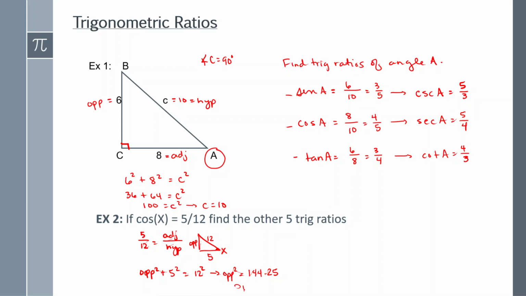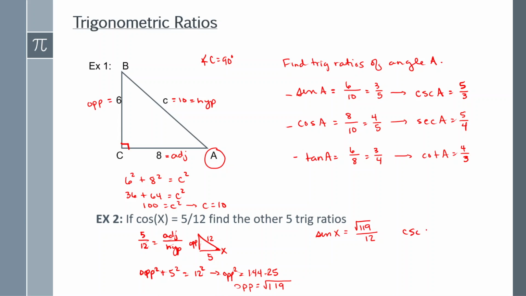So my opposite side is going to be the square root of, let's do this subtraction, 119. Now I can find sine as my opposite over hypotenuse.